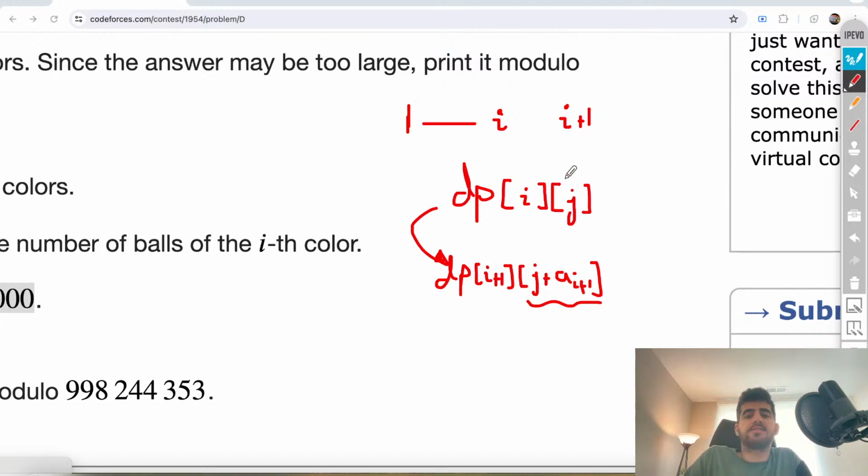When we add i plus 1, we can also add a of i plus 1 to all the j's. So dp of i plus 1 and j plus a of i plus 1 will be added by dp of i and j. I hope it makes sense. Does it make sense?